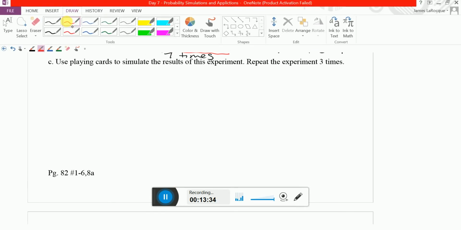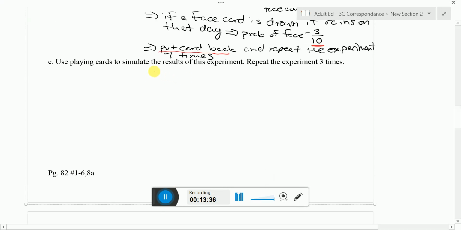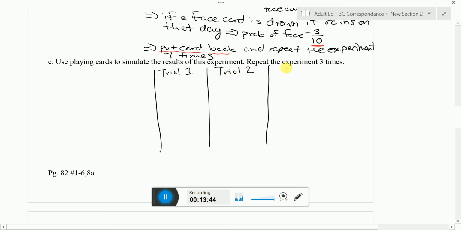First of all, I'm going to set up the experiment. So I'm going to have my trial 1, trial 2, trial 3, and each of these trials represents a week.